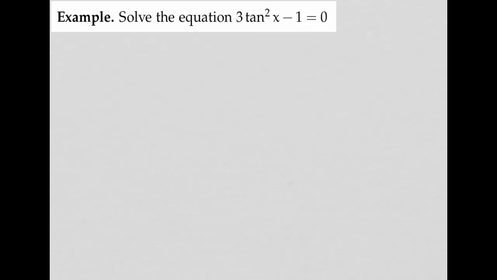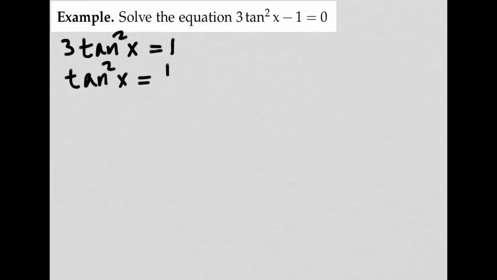In the next example, we solve the equation 3 tangent squared x minus 1 equals 0. So let's start out by writing 3 tangent squared x equals 1, which means that tangent squared x equals 1/3.